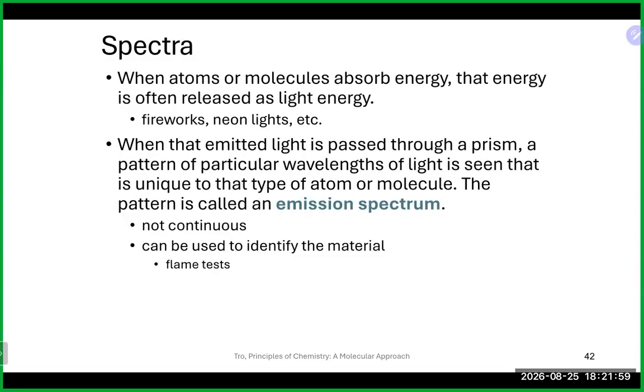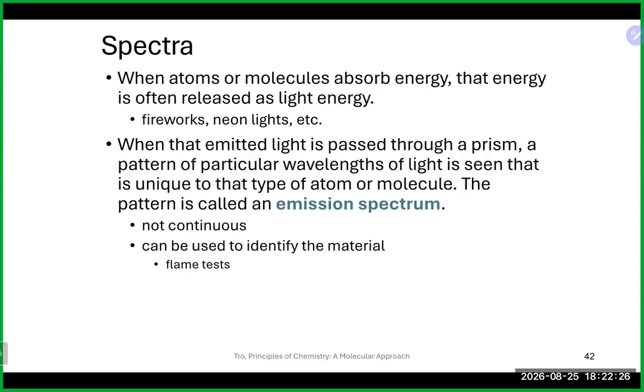One of the things we were talking about, as we saw with our flame test, is that as atoms absorb and release energy, electrons transition between different energy levels. Depending on when that light is released, that is why we see colors in fireworks, neon lights, and flame tests.